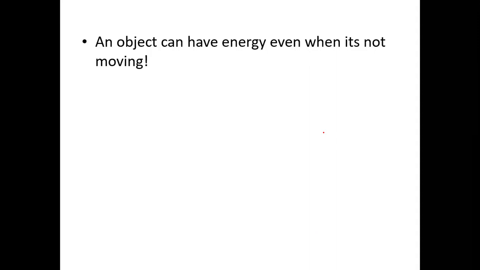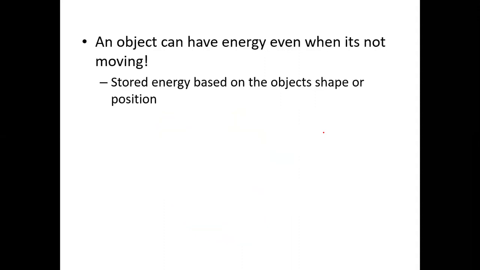An object can have energy even when it is not moving. When the object is moving, it has kinetic energy. But an object can also have energy even if it is at rest. This energy is also called stored energy, based on the object's shape or position.